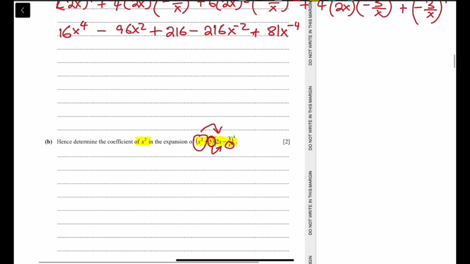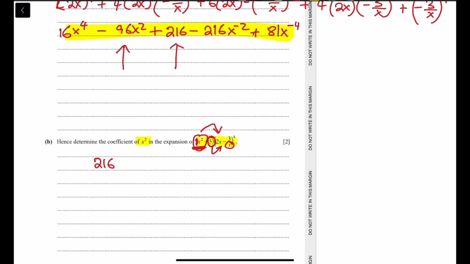So if we look up here, the only number we have is 216. And if we look up here, the only x squared coefficient we have is minus 96. So our x squared coefficient is going to be our x squared from here, multiplying with 216.